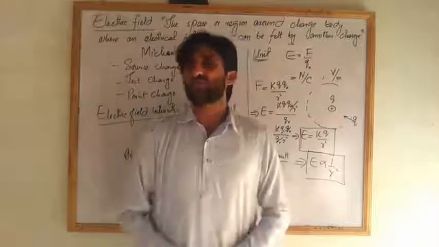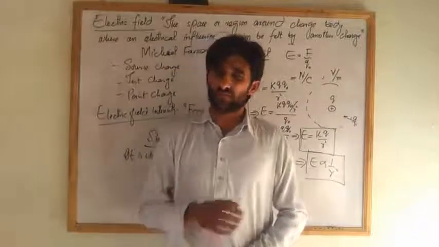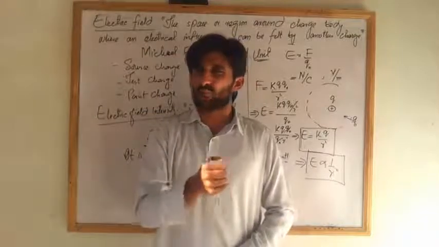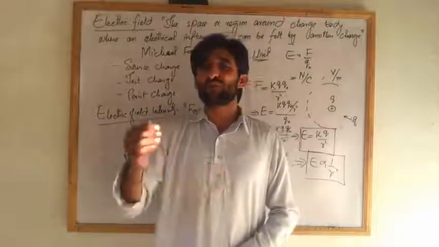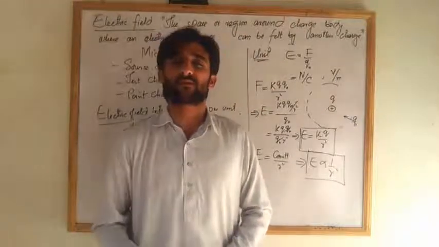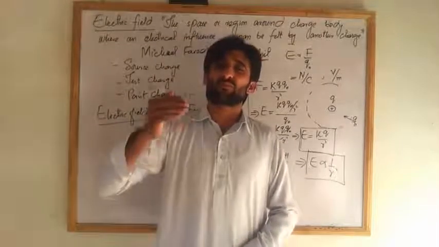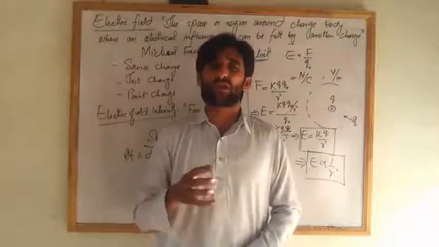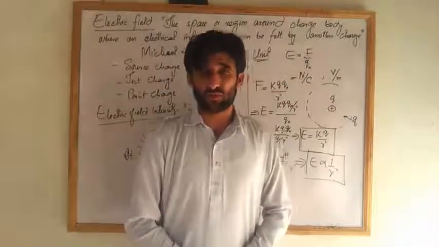The test charge that is closer to the source charge will experience more strength, more force, as compared to when it moves away from the source charge, when it will experience less strength, because moving away and away it loses the charge too. So this is inversely proportional.